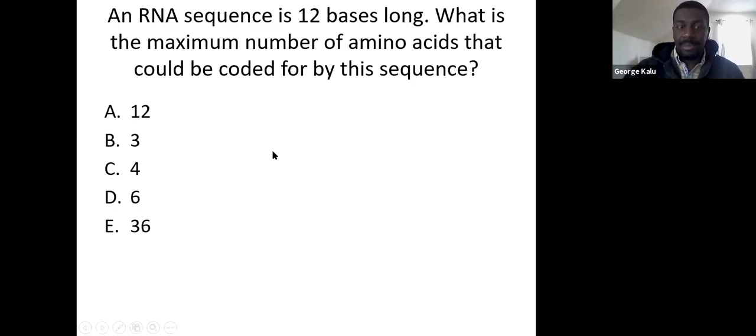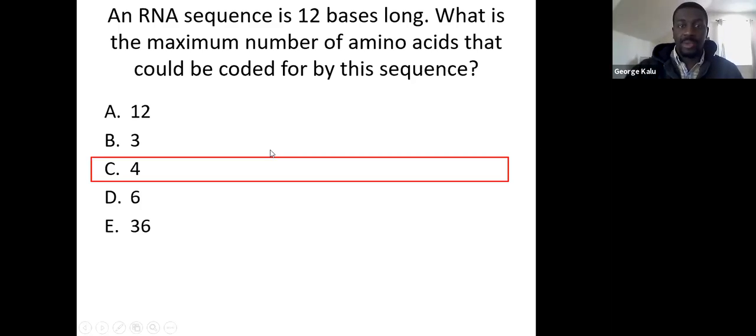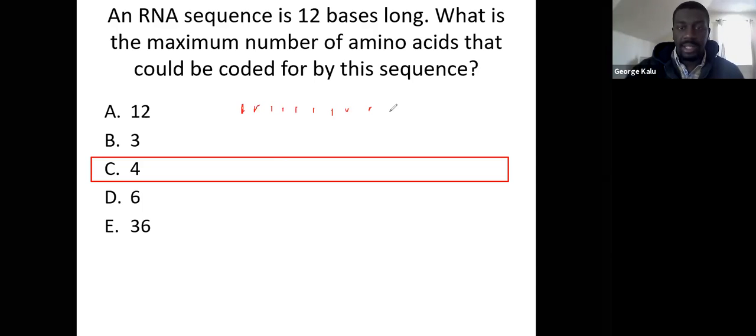Right, so the answer would be 4. Perfect. So I'll just kind of draw out these little lines here. Those are going to represent your RNA nucleotides. I lost count. 1, 2, 3, 4, 5, 6, 7, 8, 9, 10, 11, 12, right? So these are all of our nucleotides.